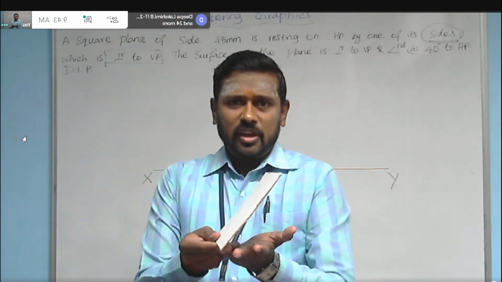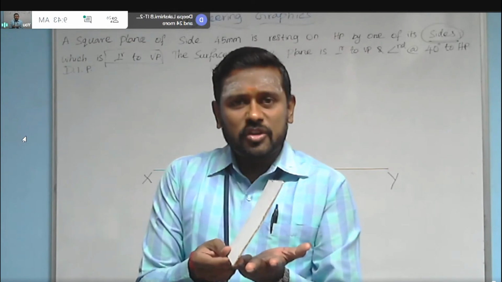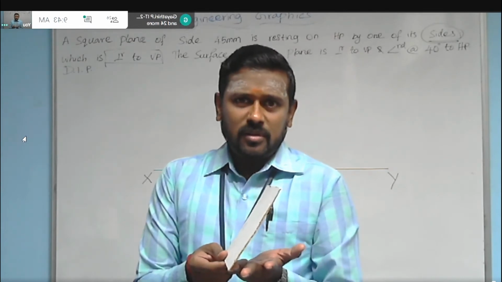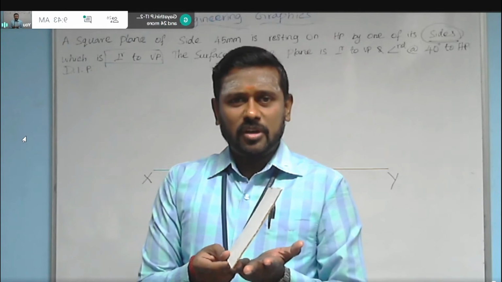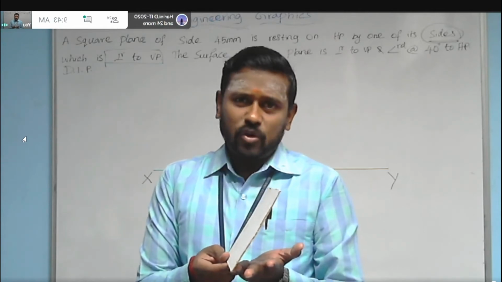In which view can you see the original shape of the plane? In front view or top view? No. In either view you can't see the original shape of the object.